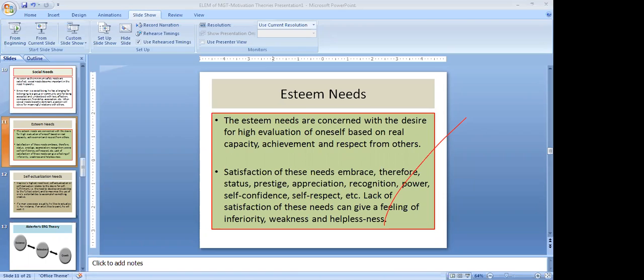So satisfaction of these needs embraces status, prestige, appreciation, recognition, even self-respect. The lack of satisfaction of these needs can give a feeling of inferiority, a feeling of weakness and helplessness.